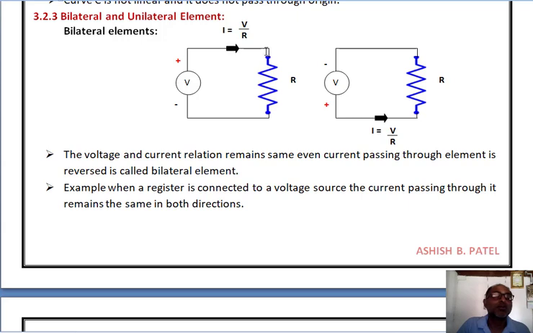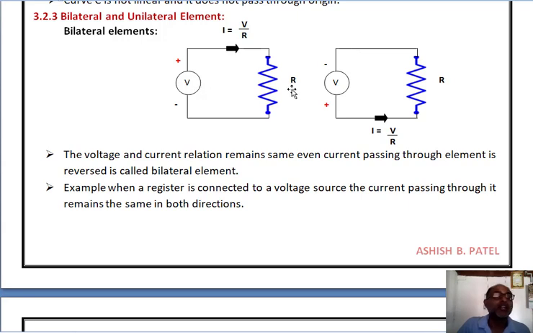Here it flows from upper to lower, here it flows from lower to upper. That means the polarity of current is reversed. Now the bilateral element: the voltage and current relation remains the same even if the current passing through this element or circuit is reversed.